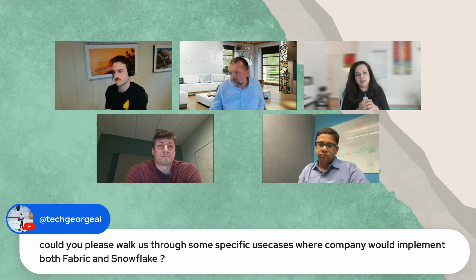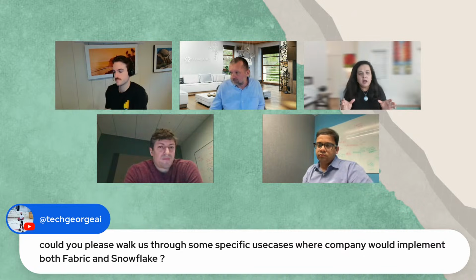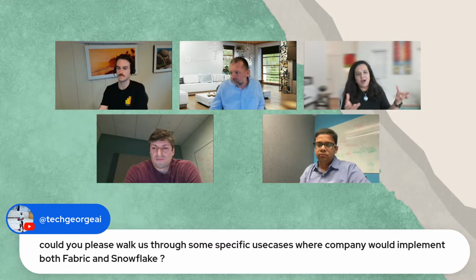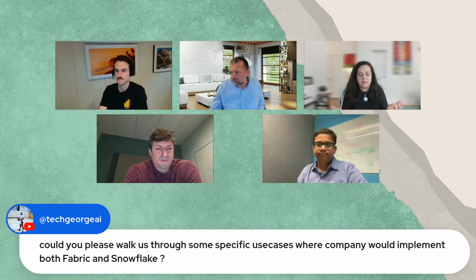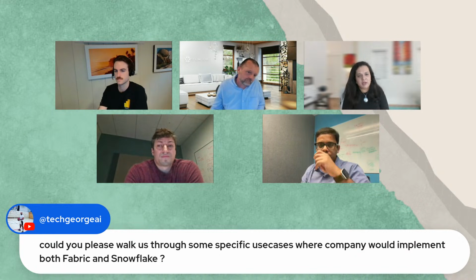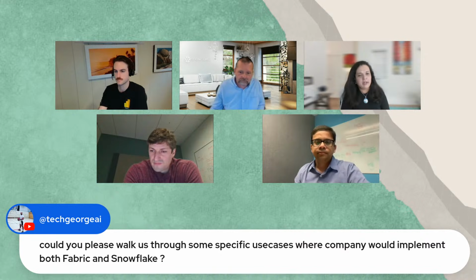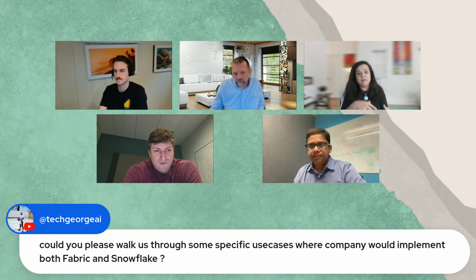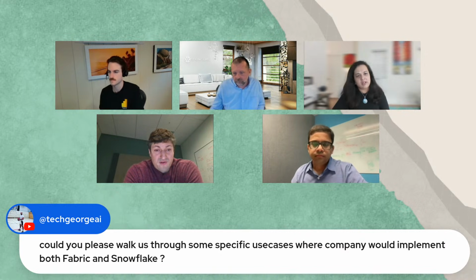So I think there's a range of use cases depending on, in terms of what JRJ said, the organizational structures and which team is using what. It gives you many, many options of essentially mixing and matching the right engine with the right use case. Fabric does have a range of engines. I think there's a question on RTI later on. You might want to stream this data to some other location.